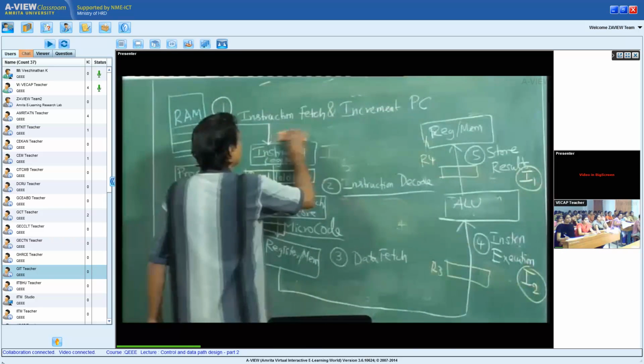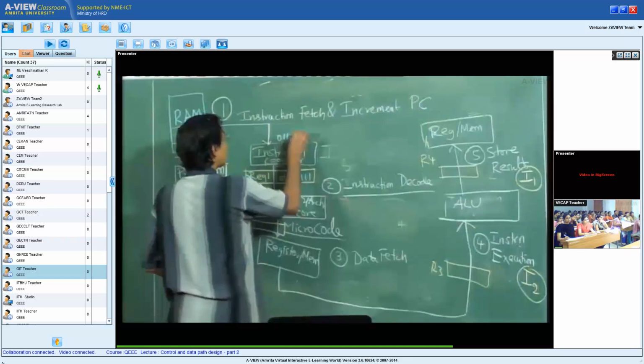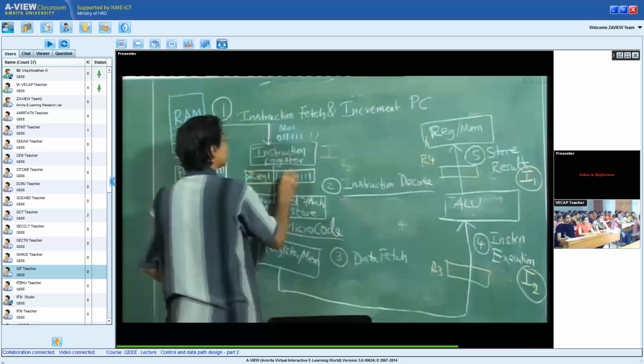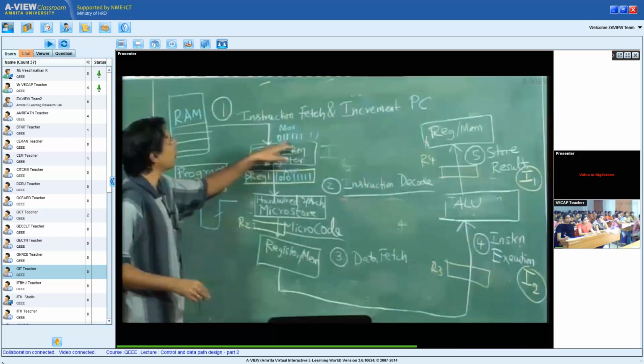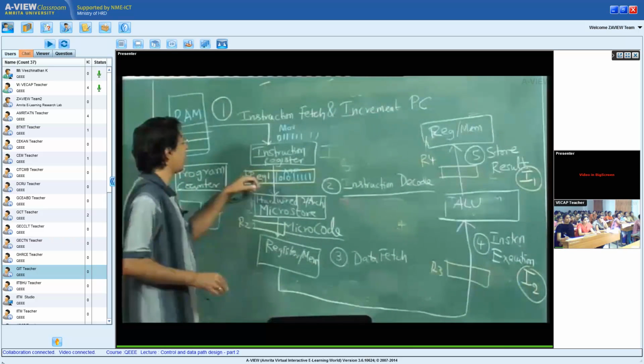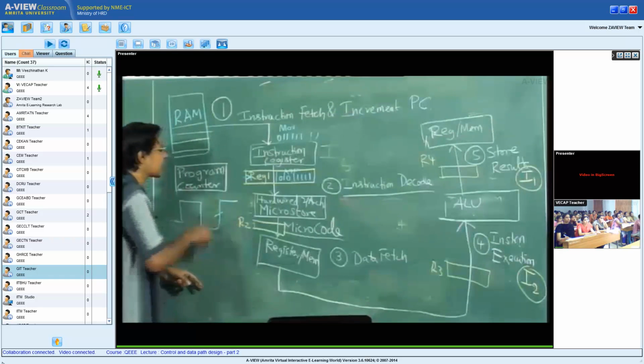Now the second instruction could be some 011111. This will be some move, or this can be some add. Now the 011111 will not come and erase this, because this register will get updated only in the next clock pulse.